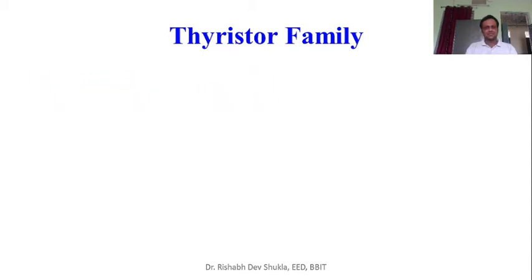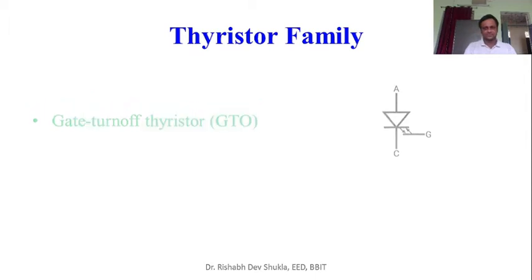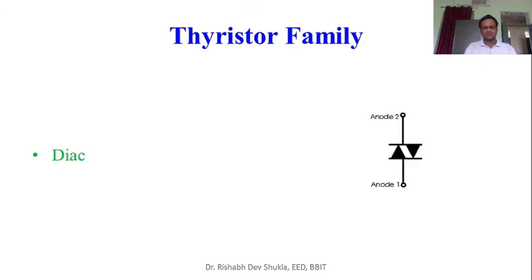The next device is the gate turn-off thyristor, GTO, which is represented like this, similar to the thyristor or SCR, but with two arrows on the gate side in the symbol. The next very popular device is the TRIAC, represented like this: two thyristors connected in anti-parallel. Next is the DIAC, represented like this. Here we have two anodes.